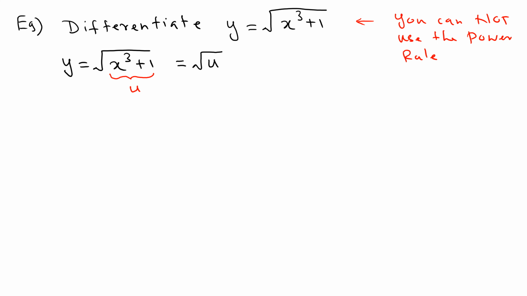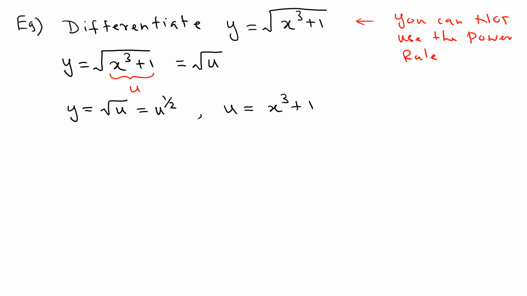So we can identify the two functions: y equal square root of u, which we can rewrite as u to the 1/2 to make it easier in the future, and the inner function u equal x cubed plus 1. That's the first step: figure out the outer function and the inner function.